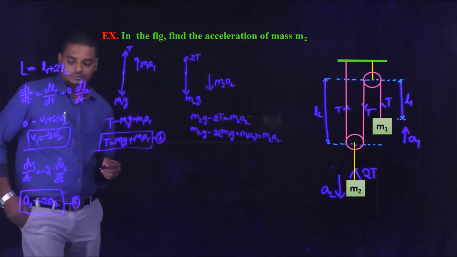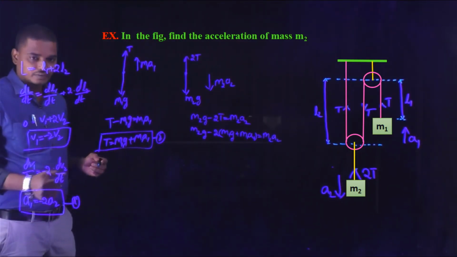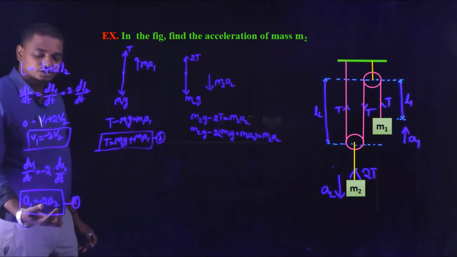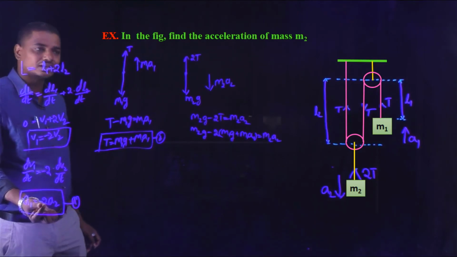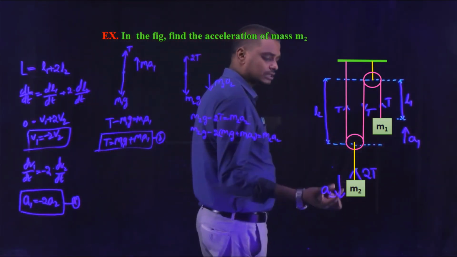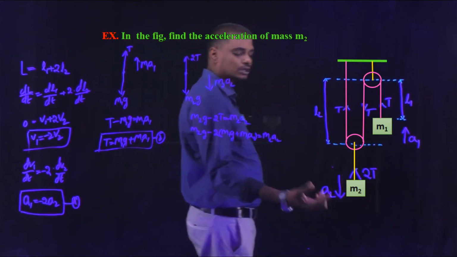Okay, so we know that the acceleration a1 is equal to minus 2a2, and the negative sign indicates that if the acceleration of block 1 is upwards, then the second block will be moving downwards.